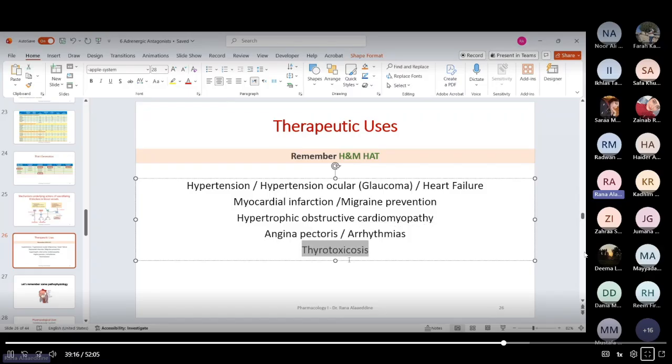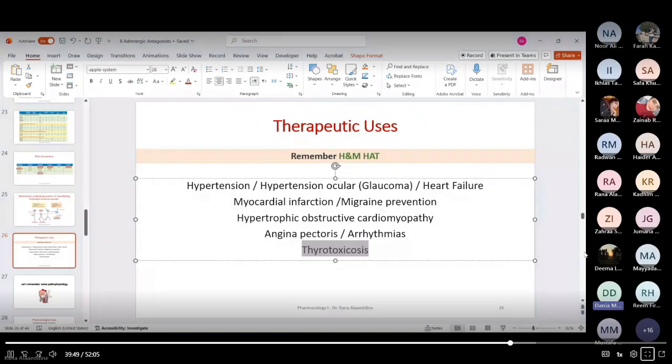And finally, thyrotoxicosis. Guys, are you familiar with the thyroid gland and the problems with thyroid gland? You don't know about the thyroid gland?